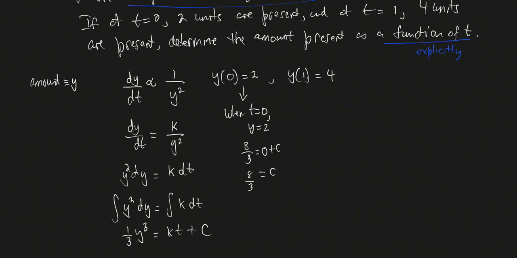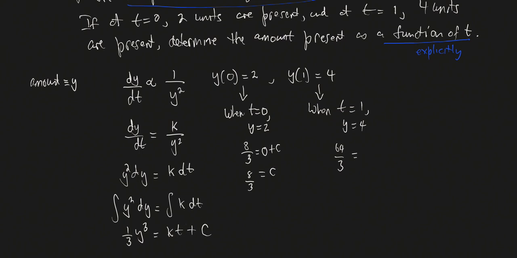So y of 1 equals 4, this is telling me that when t is equal to 1, y is equal to 4. Let's plug stuff in and see what we have. So 4 to the third power is 64, times 1/3, that's 64 over 3. So that's the left-hand side.